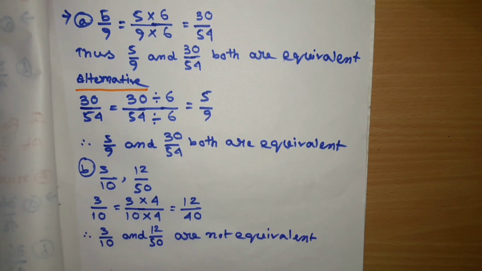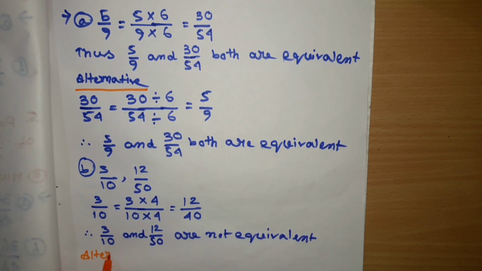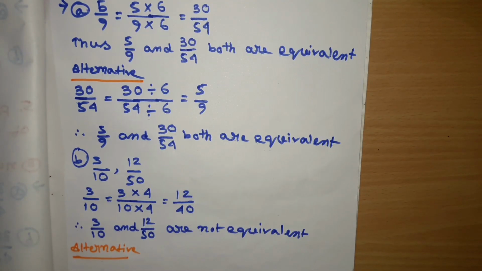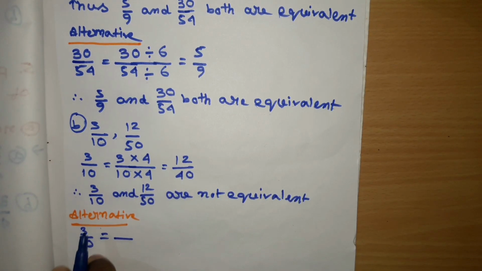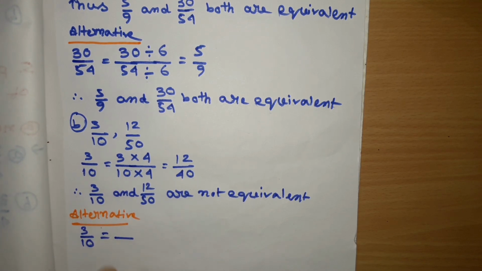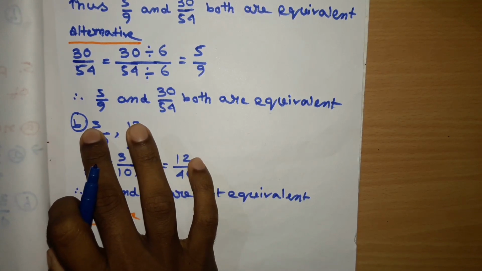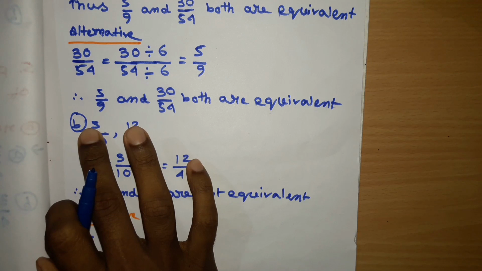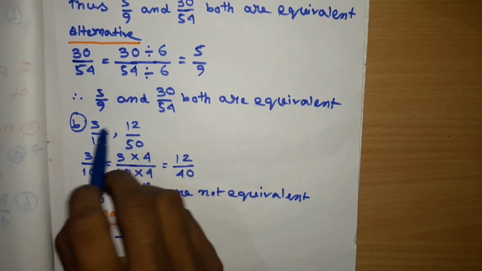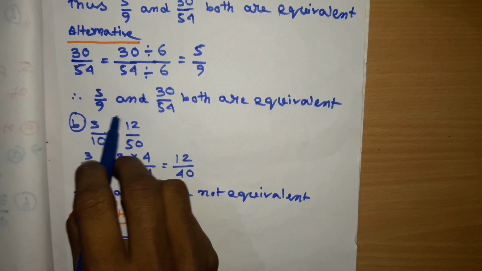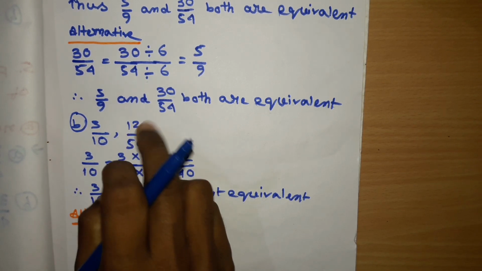In an alternative way, let's see, with 3 by 10. Earlier I made the numerator exactly the same as the other fraction's numerator.